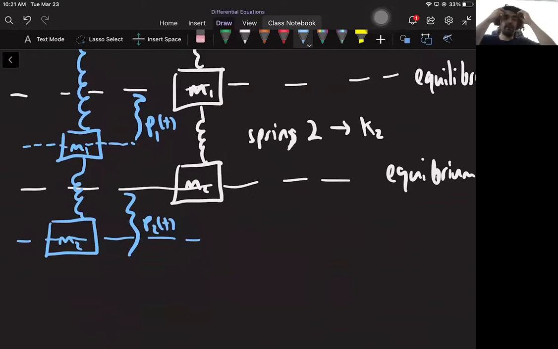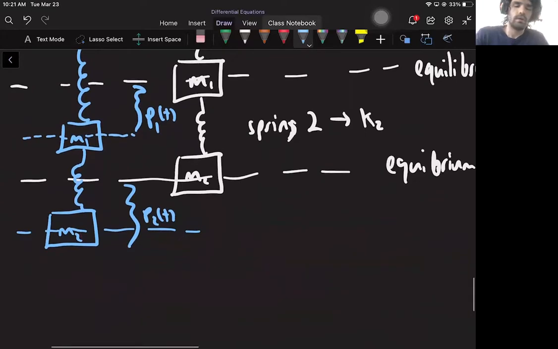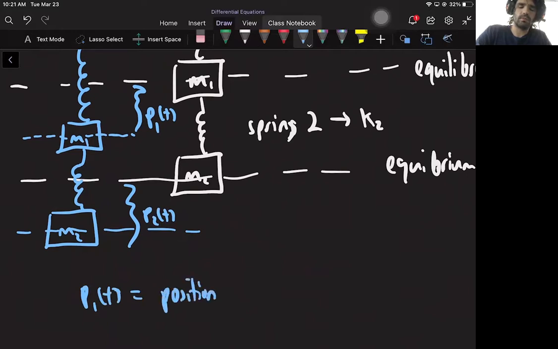So we want to describe P1 and P2 with a differential equation and then solve the differential equation for P1 and P2. And again, we're going to be using force laws to write these down. Okay, so P1(t) is the position of mass 1 from equilibrium 1.